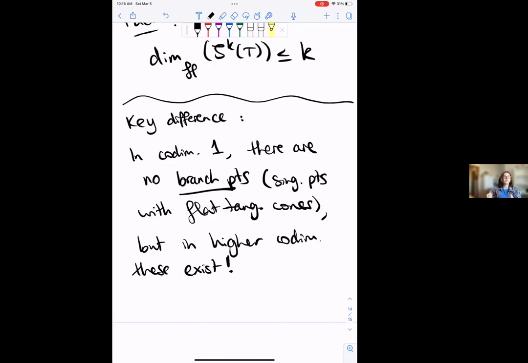Then you can apply De Giorgi's epsilon regularity theorem, or Allard's epsilon regularity theorem, if that's what you're more familiar with. That allows you to conclude that such a point must be regular. So there are no flat singular points.